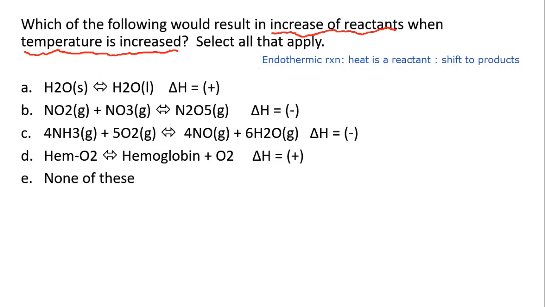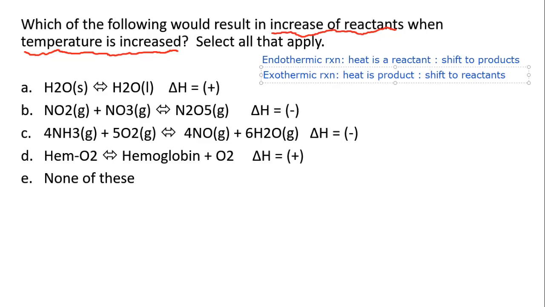Exothermic reactions, heat is a product, and that's going to cause it to shift to reactants as we increase temperature. So what we're looking for again is exothermic reactions. Those are the ones that are going to increase the reactants when we increase the temperature.